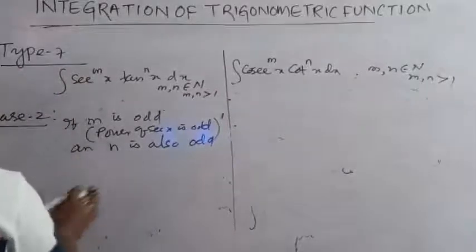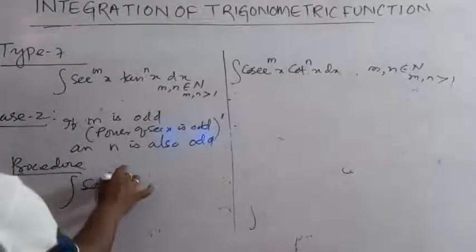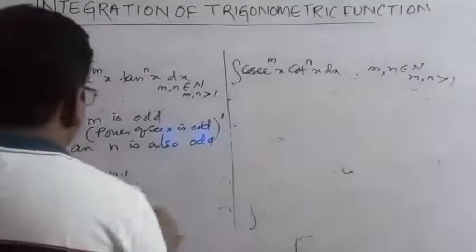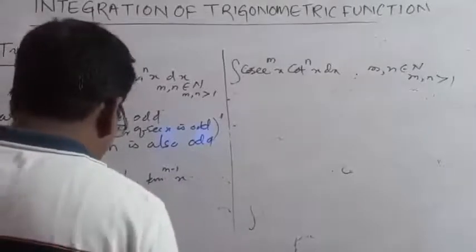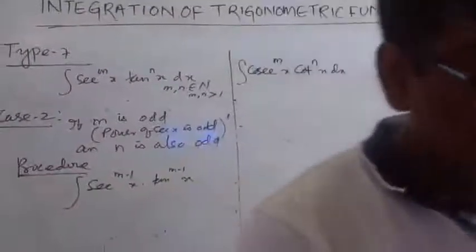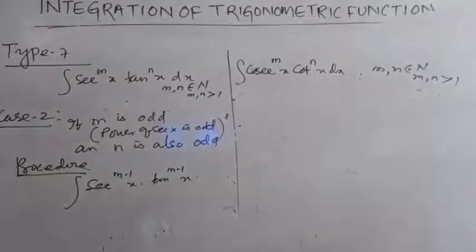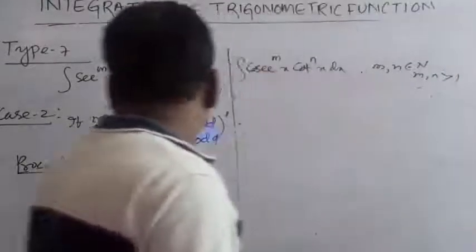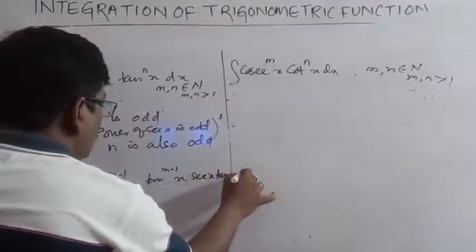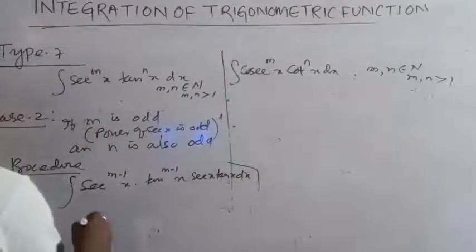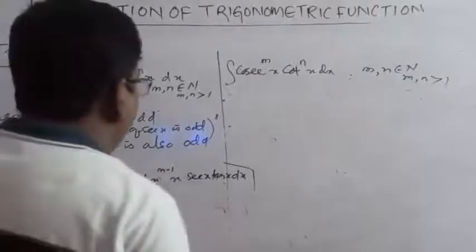So separate one sec. This is the procedure: sec m minus 1 x into tan n minus 1 x, and this is equal to sec m minus 1 x tan n minus 1 x, that is sec x into tan x dx. Finally put sec x equal to t.